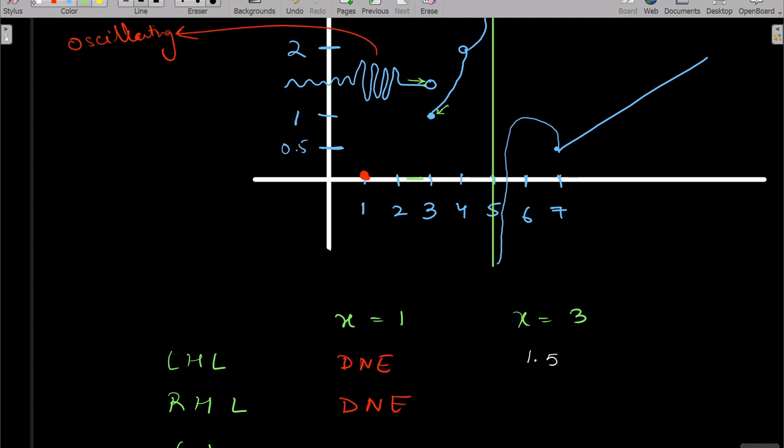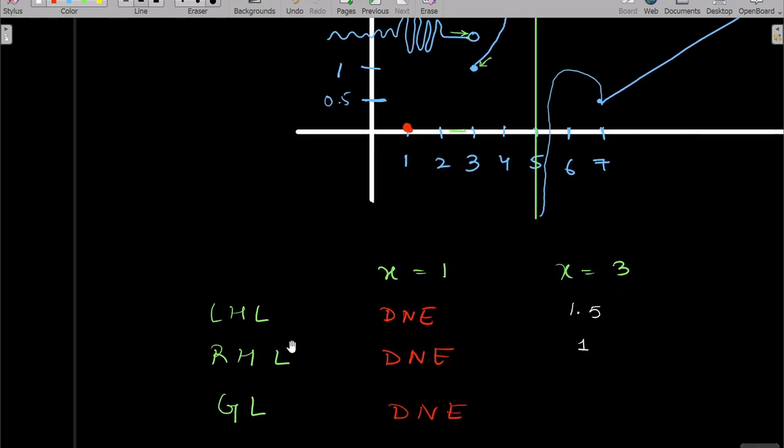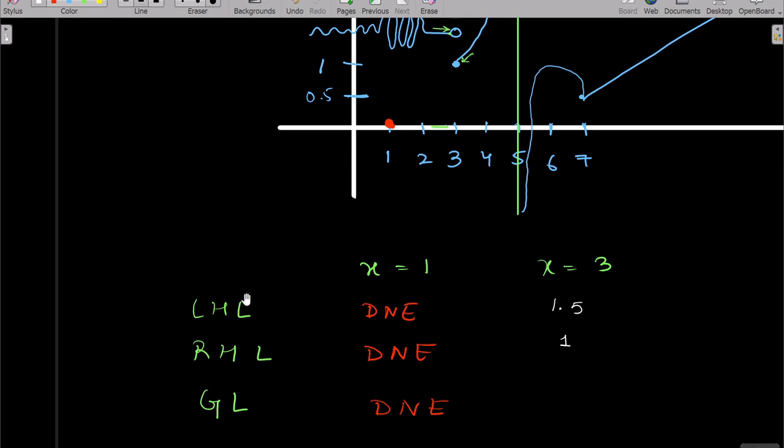Okay, so now in this case you see the left hand limit is 1.5, the right hand limit is 1. Since your left hand limit and right hand limit are not equal, we will say that its general limit does not exist. For the general limit to exist, both LHL and RHL should be the same.